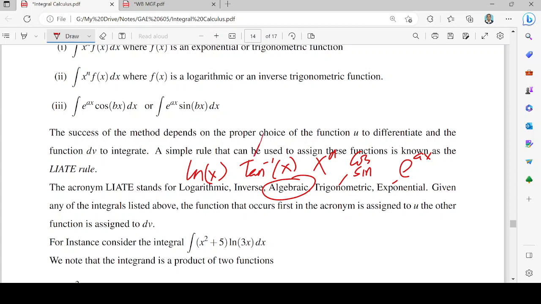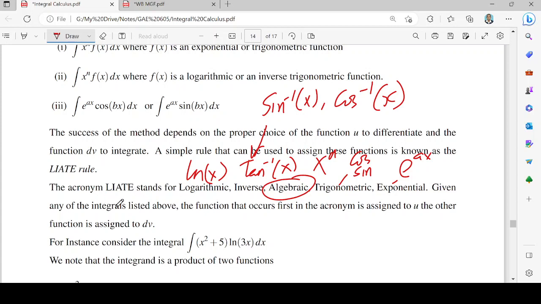The inverse can be the inverse tangent, inverse sine of some function, the inverse cosine, and so on. So in this acronym, L stands for logarithmic, I for the inverse trigonometric function, A for the algebraic, x raised to power n, T for the trigonometric function, and E for the exponential function.